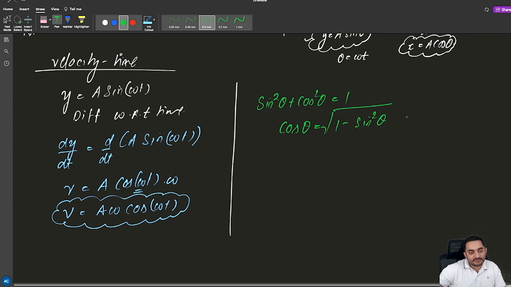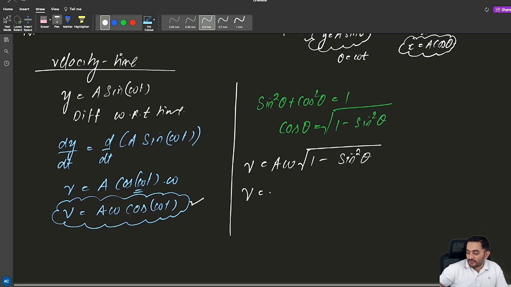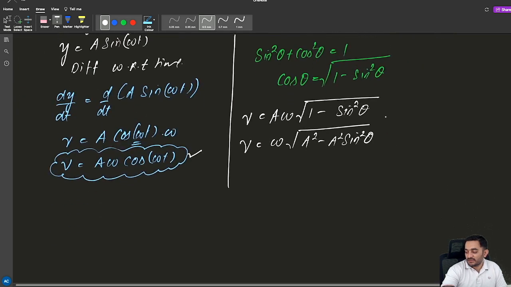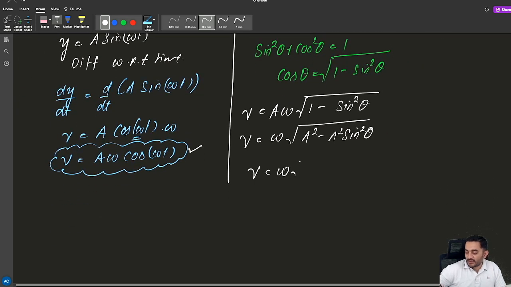Substituting this in a omega cos theta, if you take a inside the root, it is a square minus a square sine square theta. You already know that a sine theta is nothing but the position, so you can write this equation as omega under root a square minus y square. It's perfectly all right.